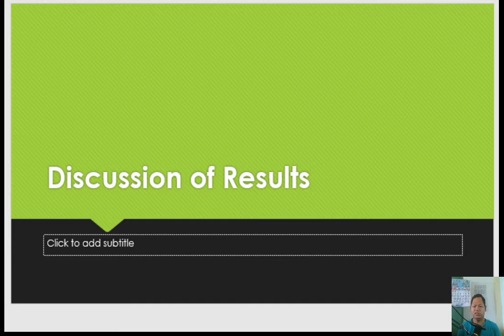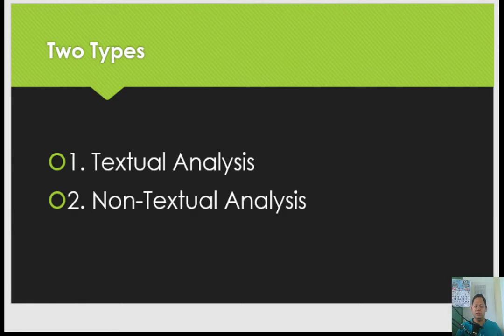How do we discuss the results? We have two ways to present the results of the study. It could be textual analysis or non-textual analysis. What is the difference of the two?